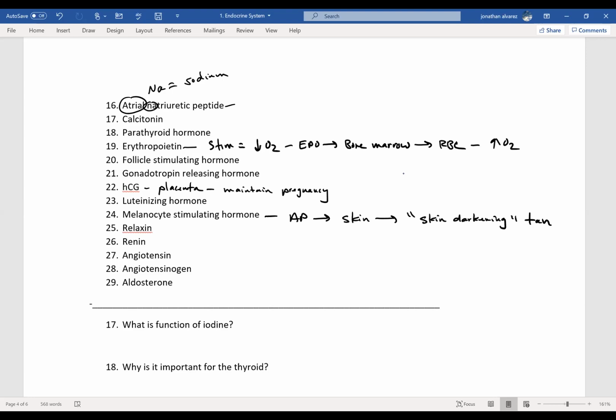Okay, relaxin is released by the placenta. And it helps loosen up the joints, especially the hip, in the pregnant mom.